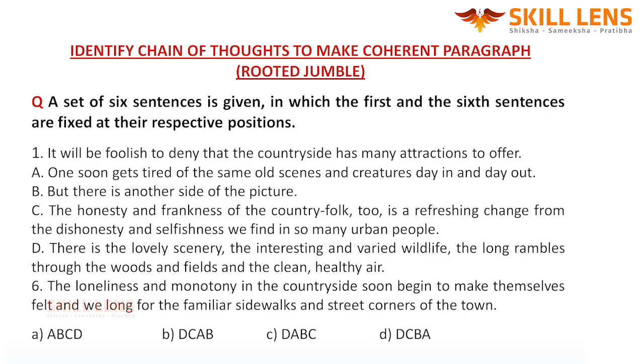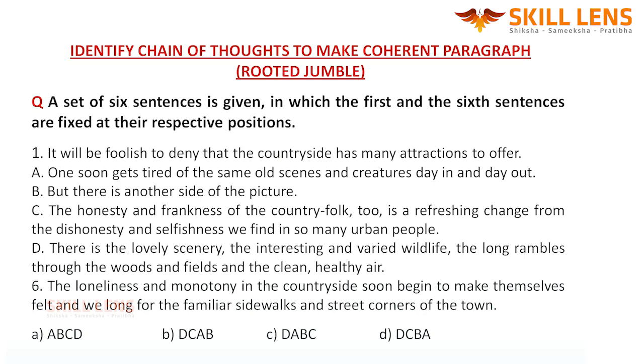This is a rooted jumble. A rooted jumble is where the first and sixth sentence are already predetermined. They are fixed at a position. We need to be able to arrange the sentences in between and form a passage. Here, please note that the first sentence can be looked into as an independent sentence.